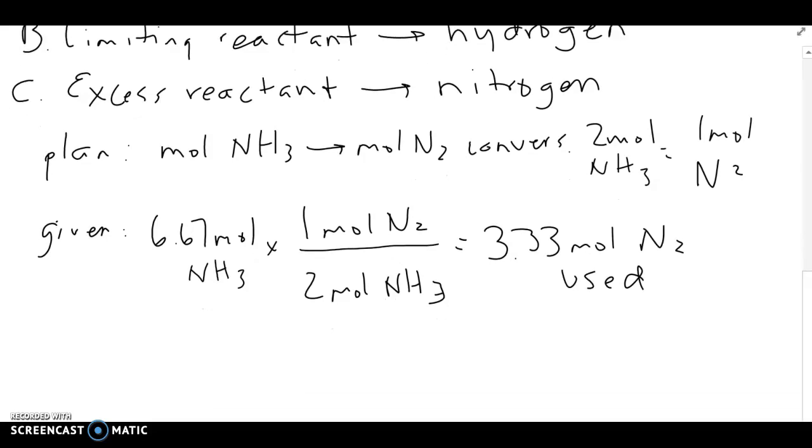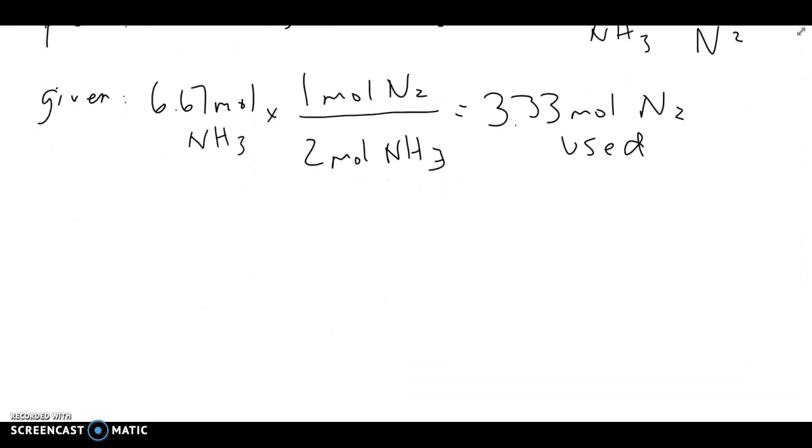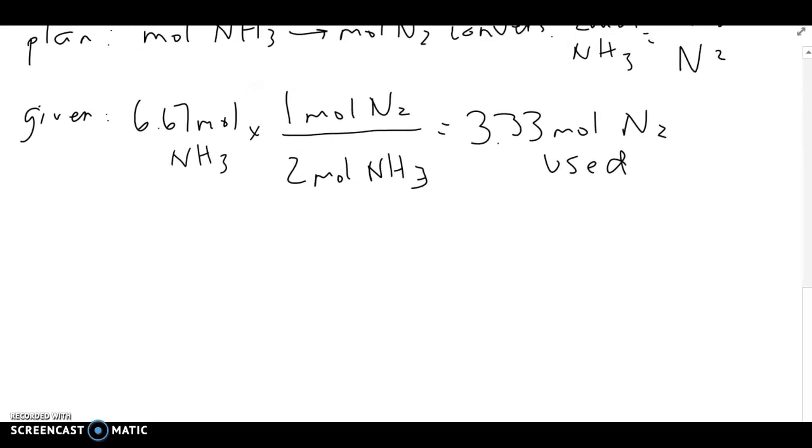Then we have to do that little math problem at the end to help us figure out how much is left over. So we started with 24 moles of N2.